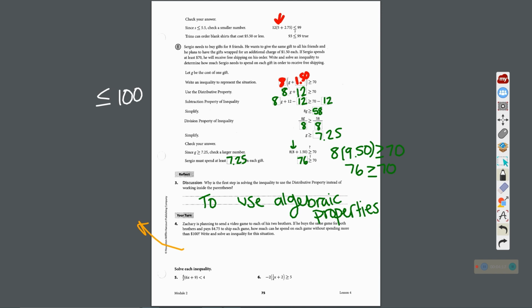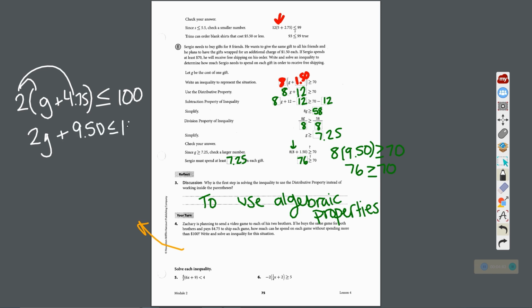He is planning to send a game to each of his 2 brothers. So there are 2 of them, and the package is going to include the game and the $4.75 to ship. We will distribute, giving us 2G and $9.50. Then we're going to subtract.